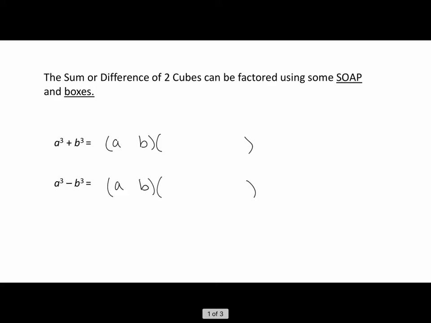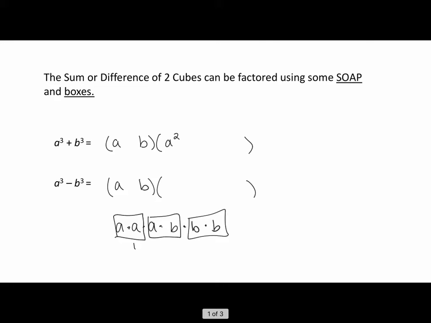But the second factor is going to be a trinomial. There'll be three terms, and that comes from the boxes. If you write three factors of each term because they're being cubed, so A times A times A, B times B times B, and then box those into pairs of factors, the first term comes from the first box.